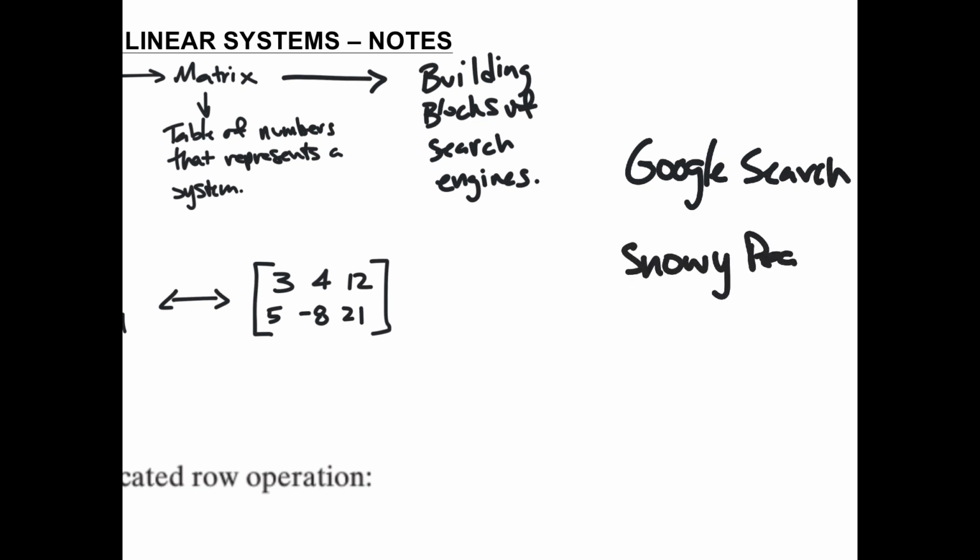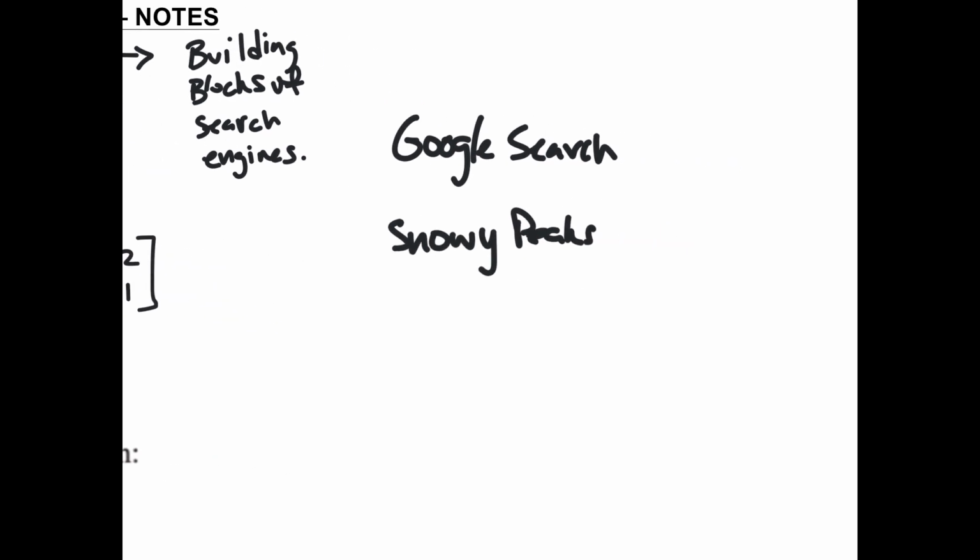If you just did snowy peaks, who knows what you would get. But if you go to Snowy Peaks High School, it takes all of these letters, in that order, and it scours the entire internet for that sequence of letters.